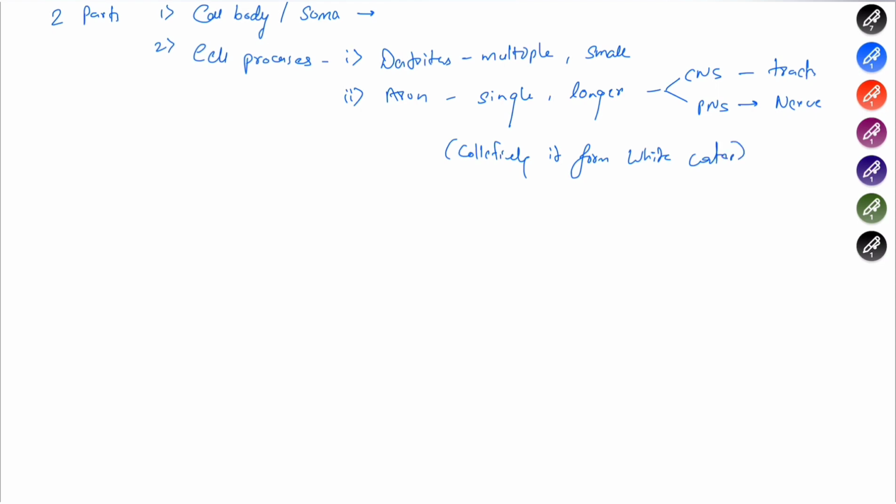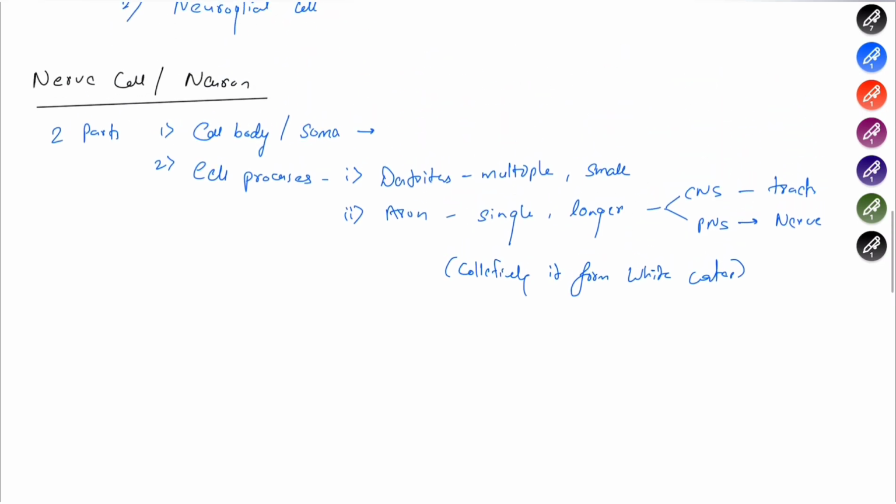And the cell bodies collectively form gray matter, and in the CNS it is known as nuclei, and in PNS it is known as ganglion.